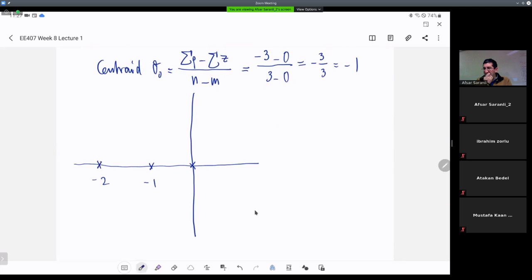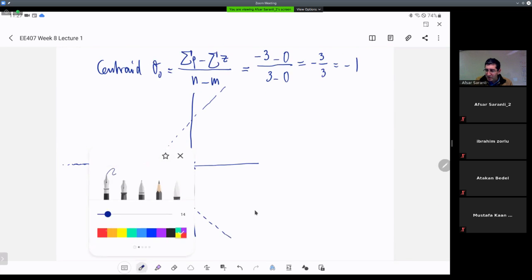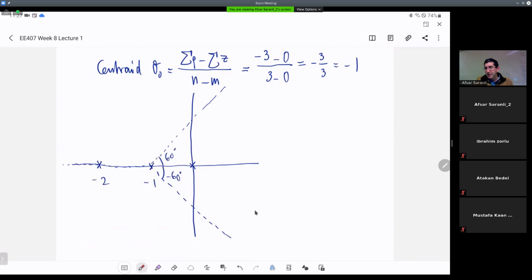The angles of the asymptotes, which intersect at minus 1, are plus 60 degrees, minus 60 degrees, and also 180 degrees, so the real axis is also an asymptote. Now I will try to sketch our root locus. This region is part of the root locus.